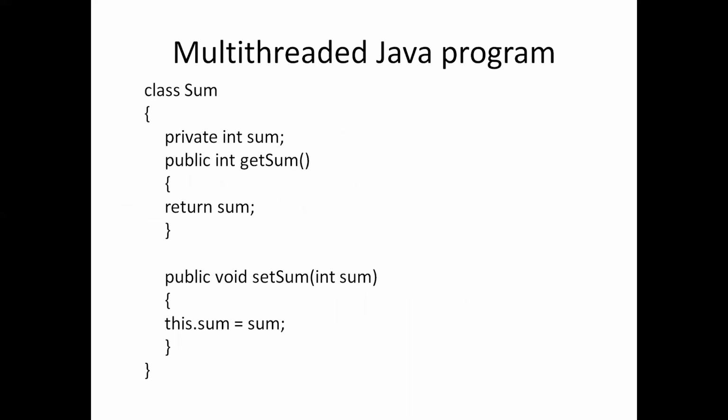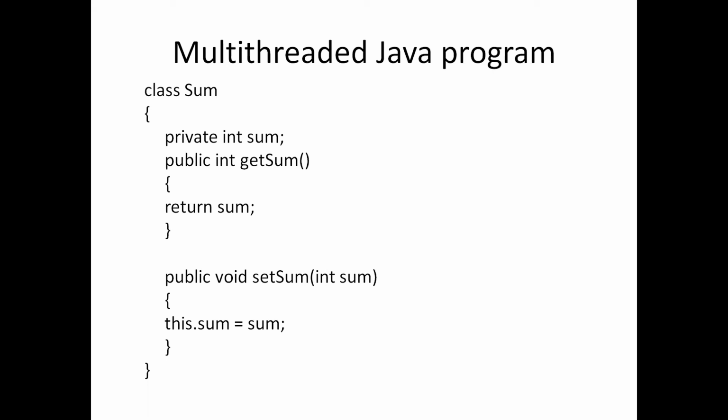We follow this convention to distinguish between the variable name and the class name. If the class name and variable name are the same, then to distinguish them, the class name starts with a capital letter.